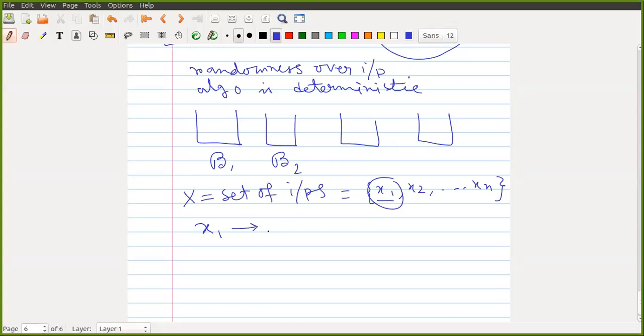How are we going to put them into buckets? There are a couple of ways. We see the binary representation of x, say the binary of x1. Suppose, for example, n equals 2 to the power 10, and bucket 3 considers all the elements whose first few digits match 3.